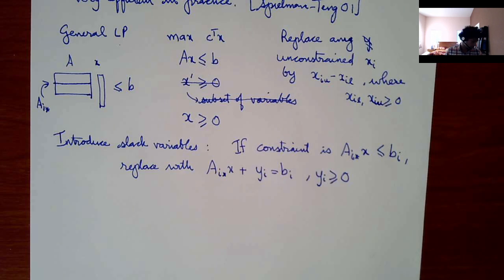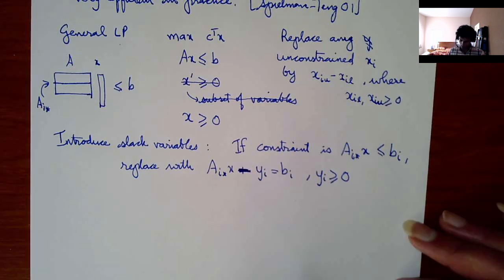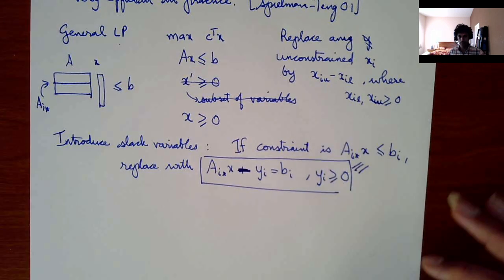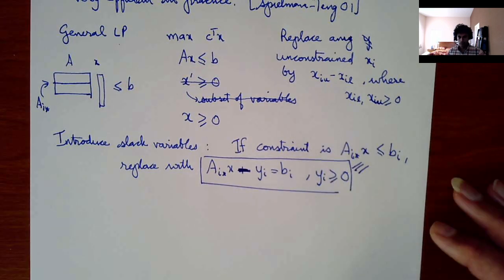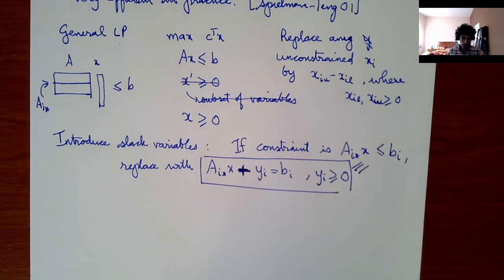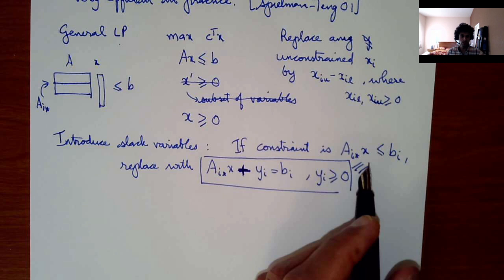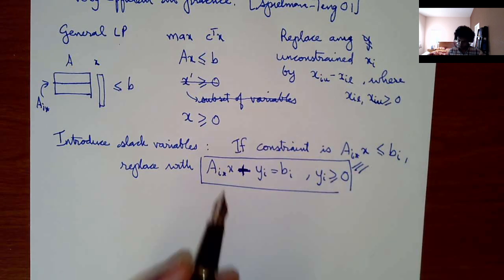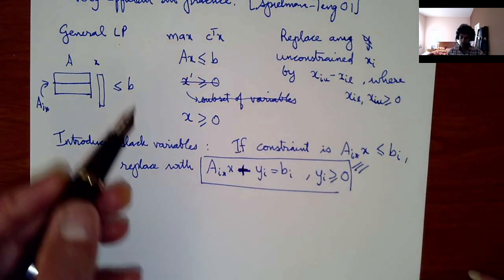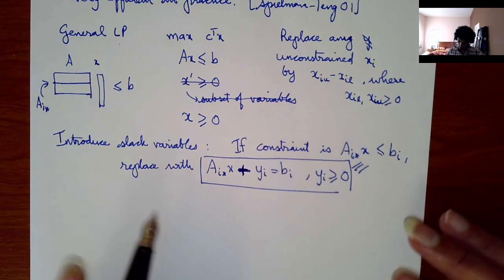Actually, I should be doing this the other way around, so you subtract, I'm sorry. Wait, am I doing this? My apologies. No, it should be a plus, of course. So I can replace this constraint, which is an inequality, by an equality constraint and a non-negativity constraint. And let me just relabel the x's and y's, and call them all x's, just so that we can keep our notation low.